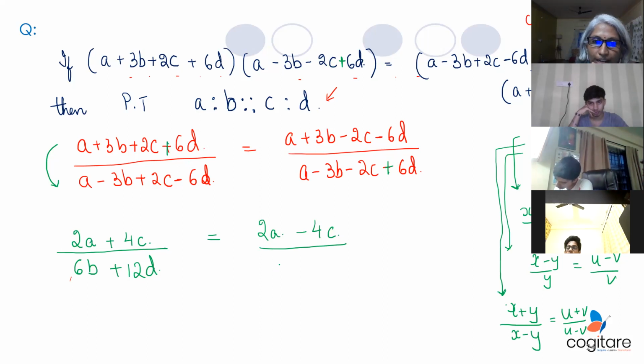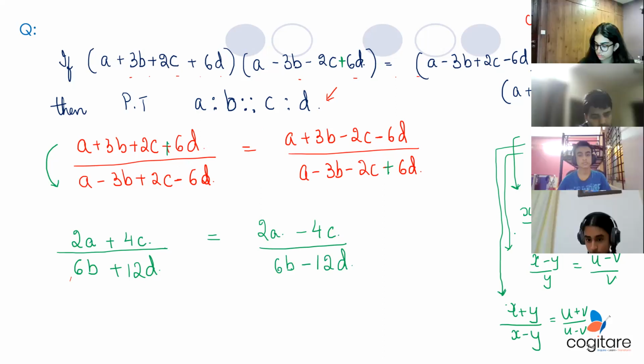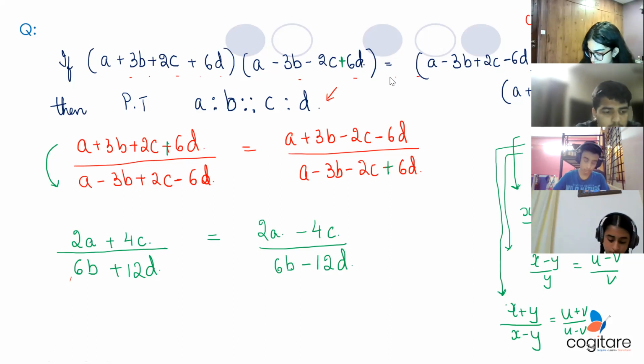Then when you subtract, a cancels out, 6b minus 12d. Daksha, are you writing? Ma'am, yes, ma'am. I was just seeing.